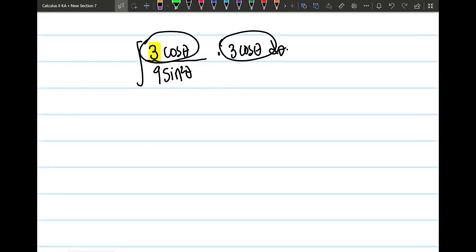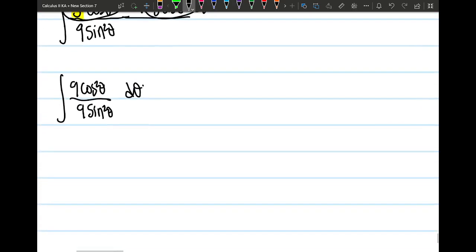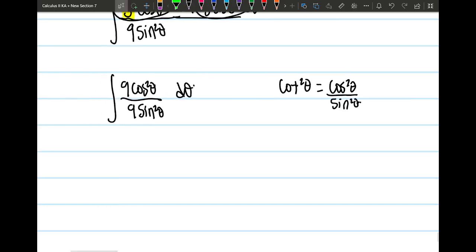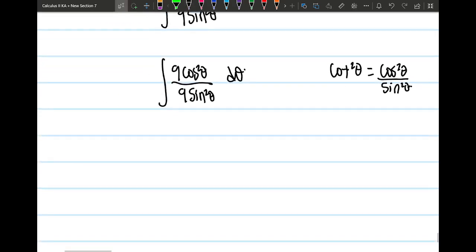So really that whole part becomes the integral of 9 cosine squared theta over 9 sine squared theta d theta. And from trig identities, we know that cotangent squared theta is cosine squared theta over sine squared theta. This is a trig identity, right? So then we know that the 9's cancel here, and so we have the integral of cotangent squared theta d theta. Okay.